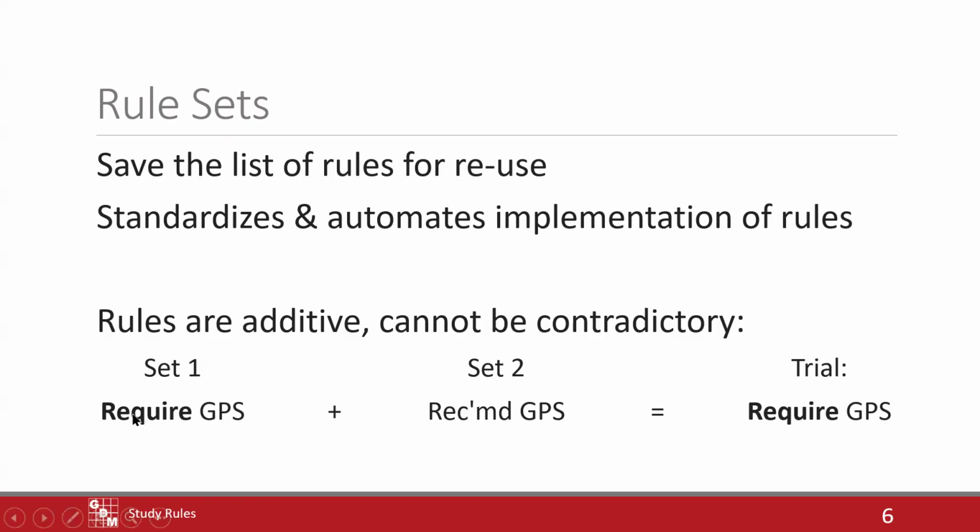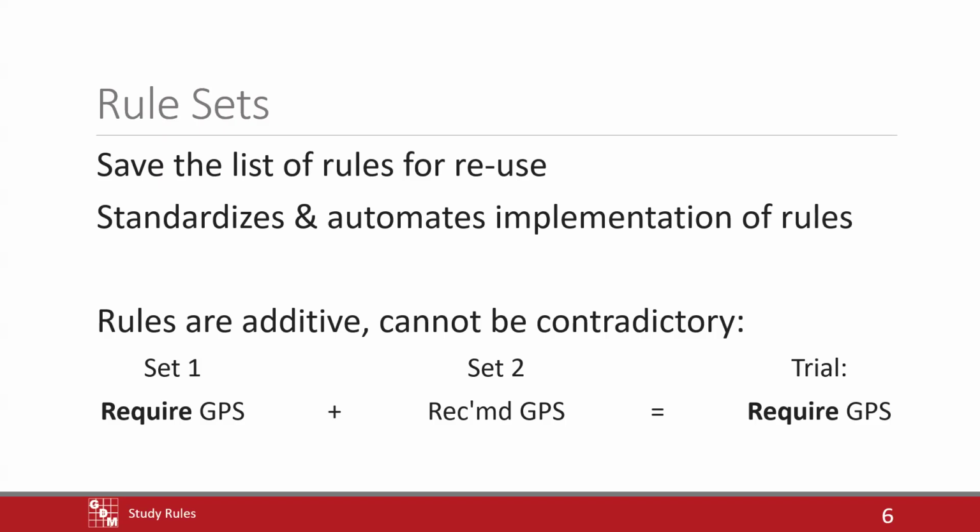For example, if you had a rule that requires the GPS coordinates, but you load another set that only has it recommended, well, then that rule just won't even be brought in. It'll just get ignored because the strongest one wins. So in that trial, there'll just be one rule that requires it because that's the strictest version of what's there in that one trial. So you don't have to worry about breaking things. You don't have to worry about breaking it yourself.